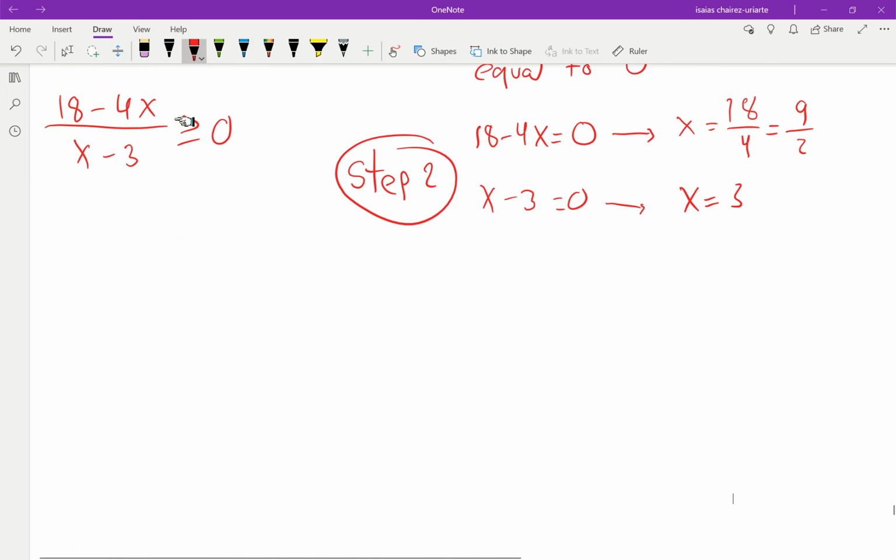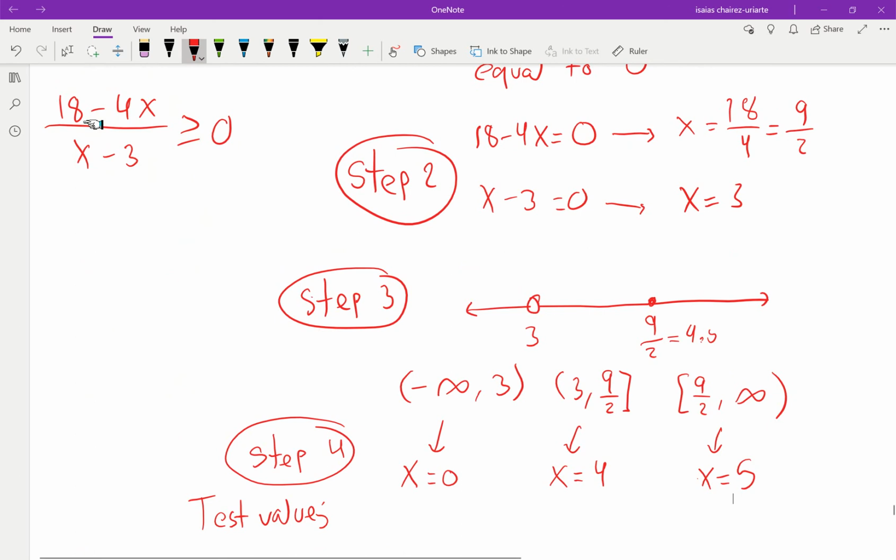It doesn't matter which one you use, you should get the same answers. So I am just going to plug into this one that is set equal to 0. Let me write it down here so that I can see it: (18 minus 4x)/(x minus 3) bigger than or equal to 0. That's the one I'm going to test into, although you could test into the original one and get the same answer.